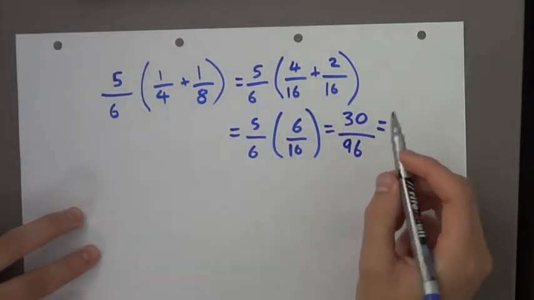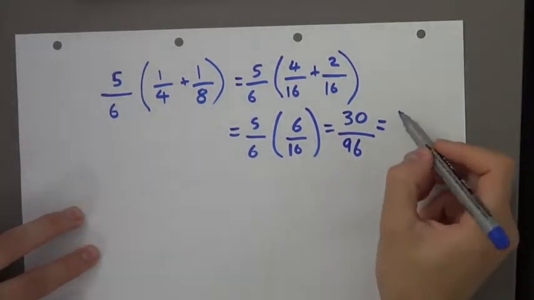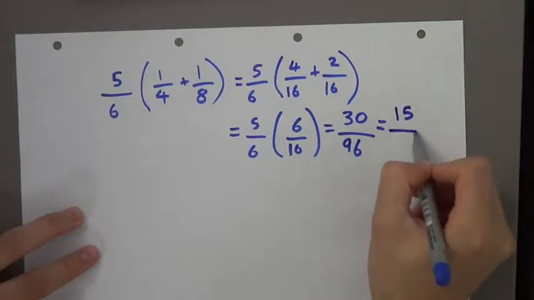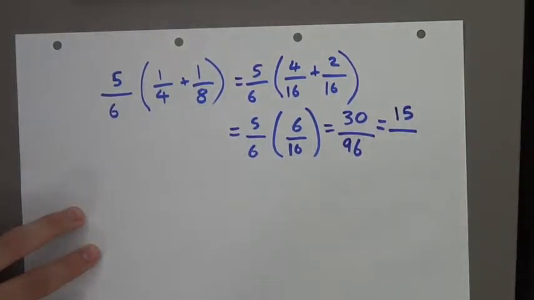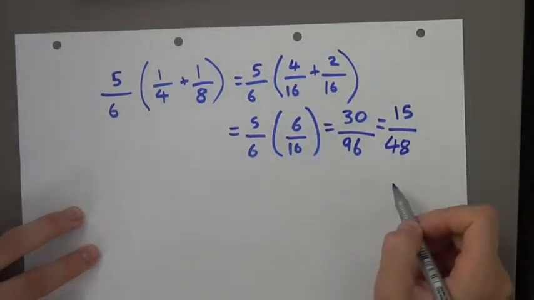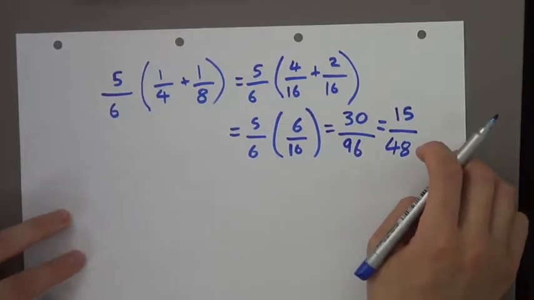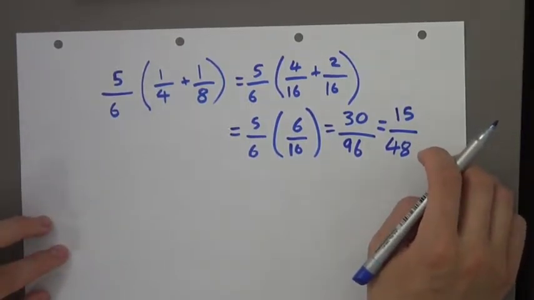Okay? And that will be my answer. I can simplify that to 15 over 48, and I think that's the simplest form I can keep it in.